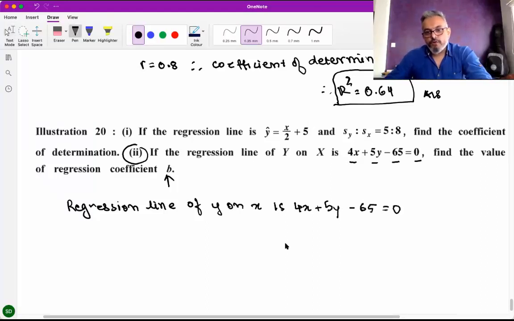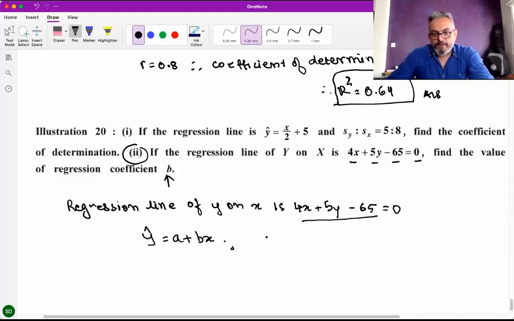Now we have to express this as y cap is equal to a plus bx. So what we do over here, we take 5y as it is equal to 65 on the right hand side. So minus will become plus and 4x will become negative 4x.